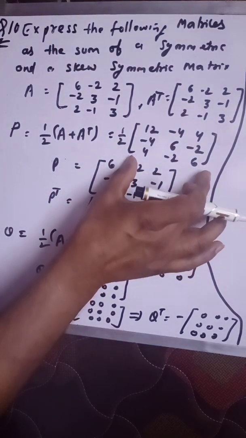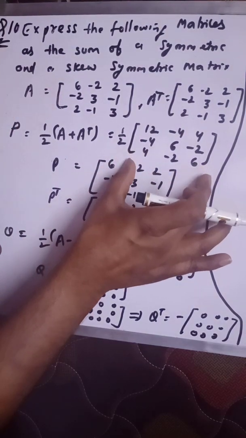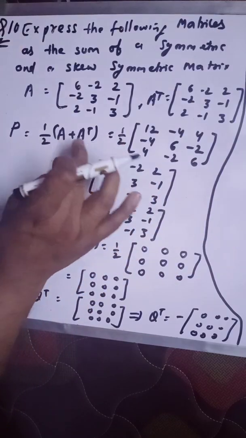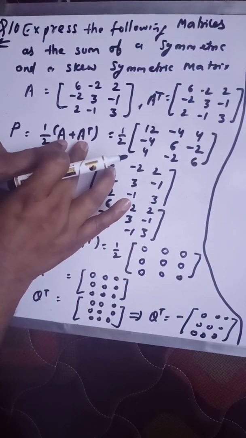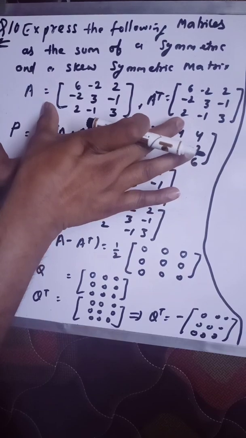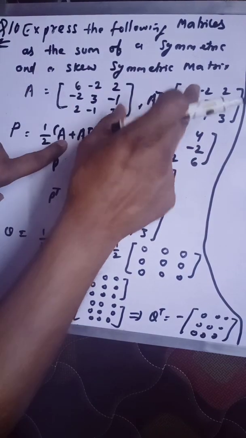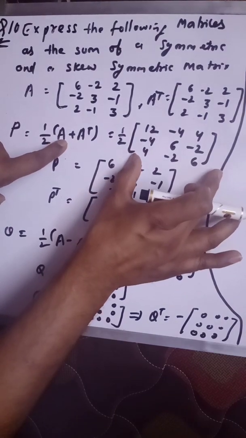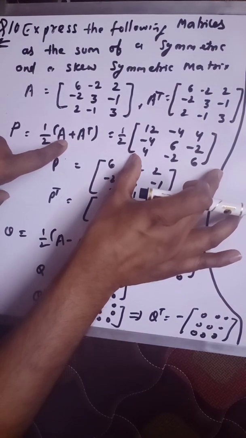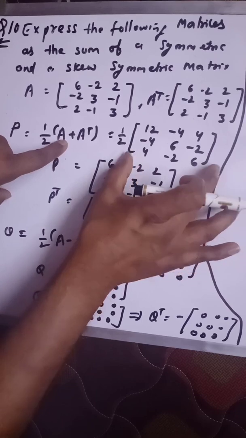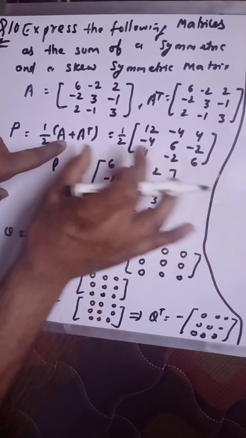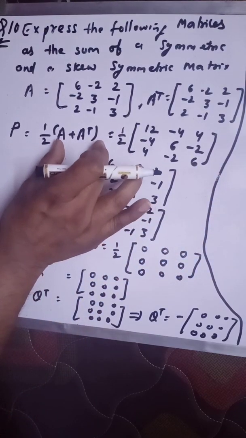Half will remain the same. A plus A transpose means you have to add these two. If you add A and A transpose, you will get this matrix. I am not showing the addition of these two matrices. This is the final matrix which you will get after adding A and A transpose.